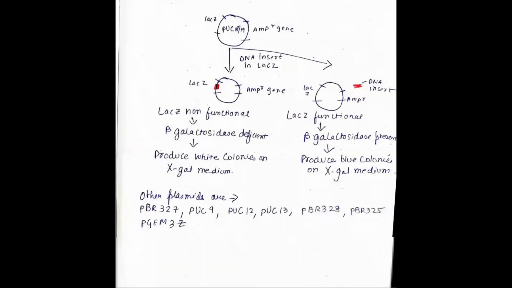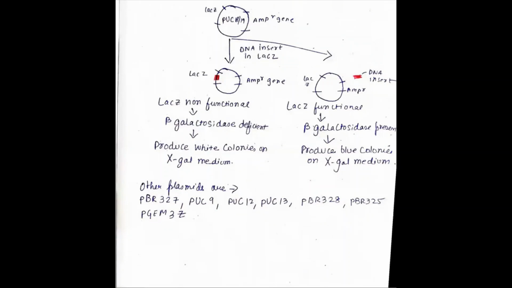What we are going to learn next is about lacZ and the DNA insert. Remember, what does lacZ do? lacZ produces a protein called beta-galactosidase. This beta-galactosidase produces blue colonies when it is present on X-gal and IPTG medium.